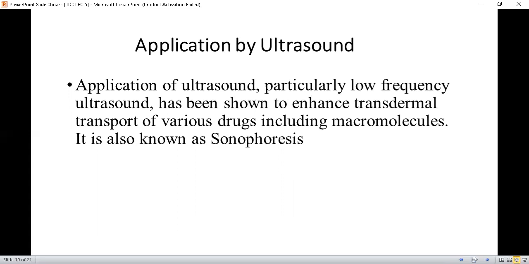Application of ultrasound, particularly low frequency ultrasound, has been shown to enhance transdermal transport of various drugs including macromolecules. It is also known as sonophoresis. So sonophoresis is simply the application of ultrasound waves through the skin so that the skin permeability can be increased.